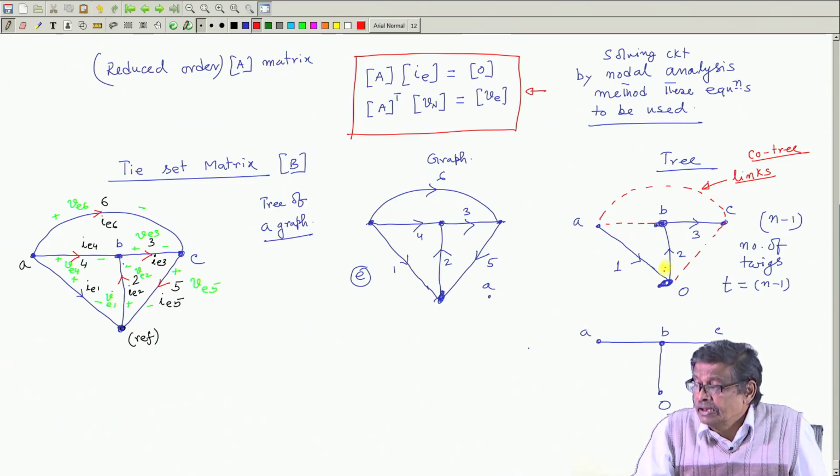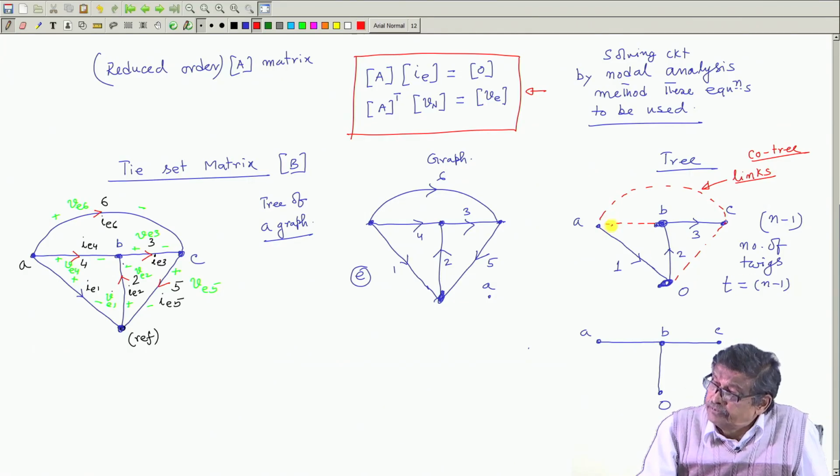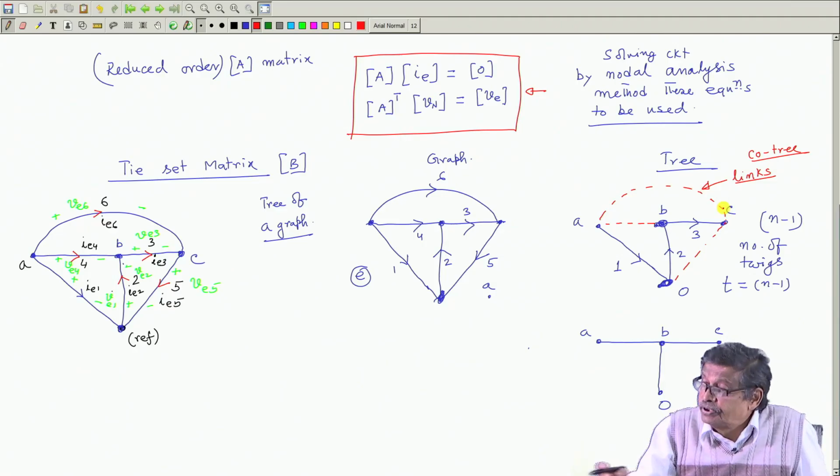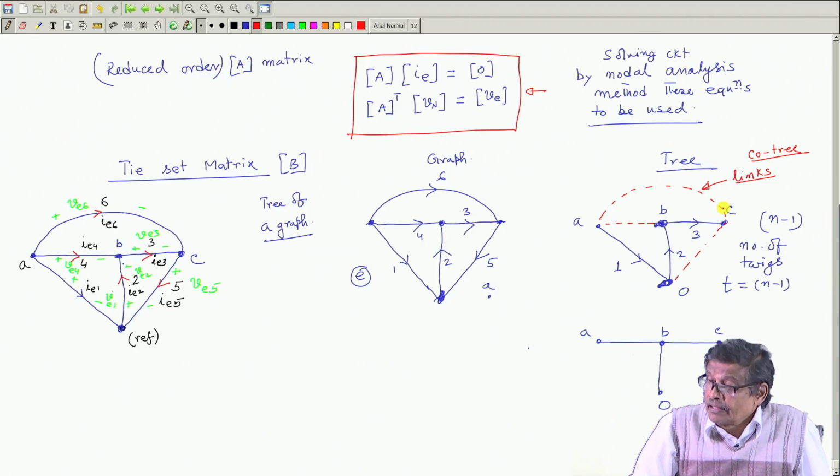How many elements will be there in a tree? It will be n minus 1. The left out branches to construct the tree are these red lines. This I will call the cotree.